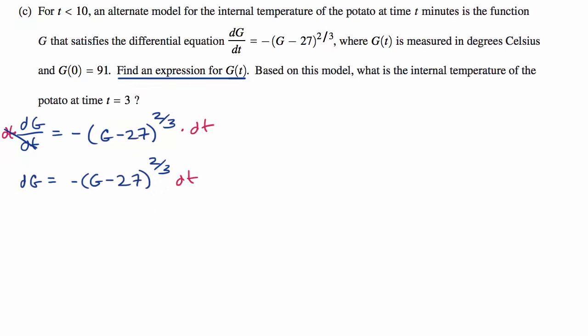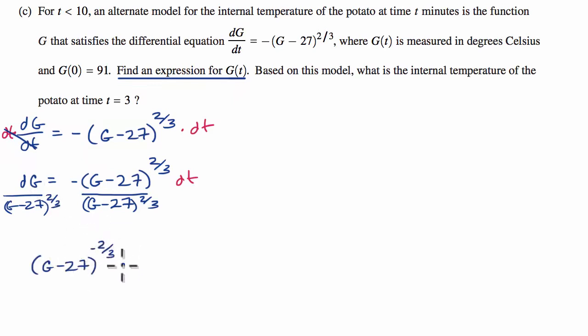So if we were to divide both sides by (g minus 27) to the 2/3, we can rewrite the left side as (g minus 27) to the negative 2/3 dg, is equal to, I'm left with just negative dt.